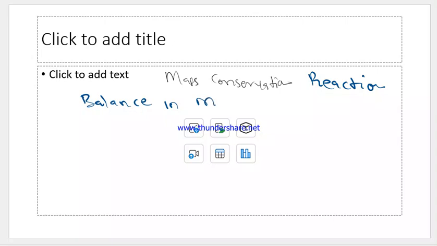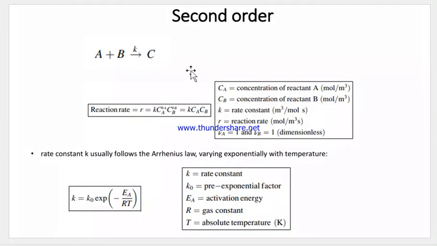We have to perform the balance in mole. So we have to make sure that every term of the expression comes down to mole in unit. So please pay attention to this. It's very important. We are going to look at an example for better illustration.